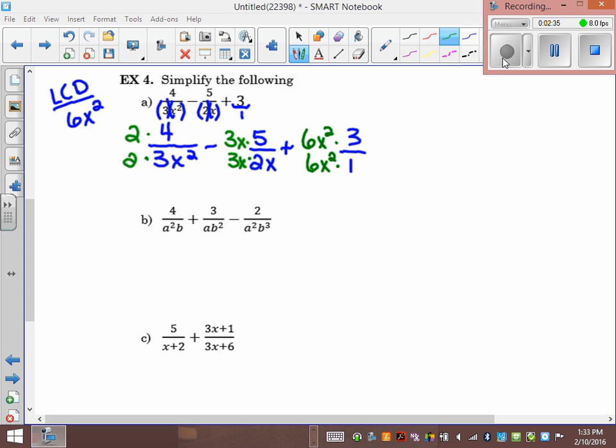Then we combine them. So on the top, we get 8. And on the bottom, we should get 6x squared. If we don't get what our lowest common denominator is, you made an oopsie, go back, try again. Minus 15x over 6x squared plus 18x squared over 6x squared.